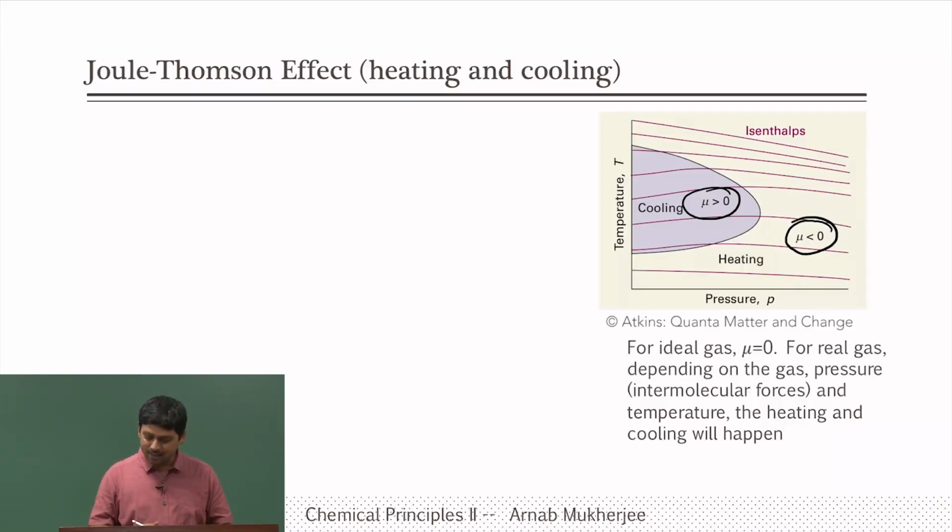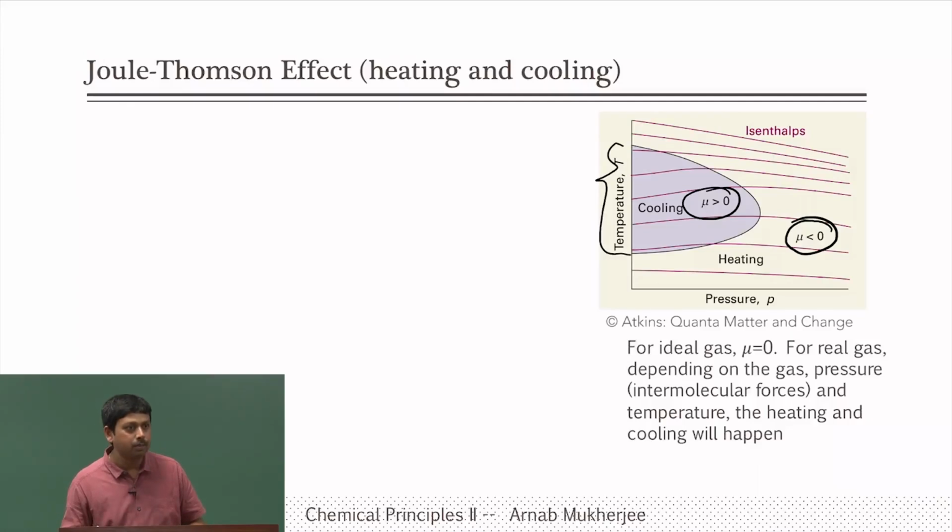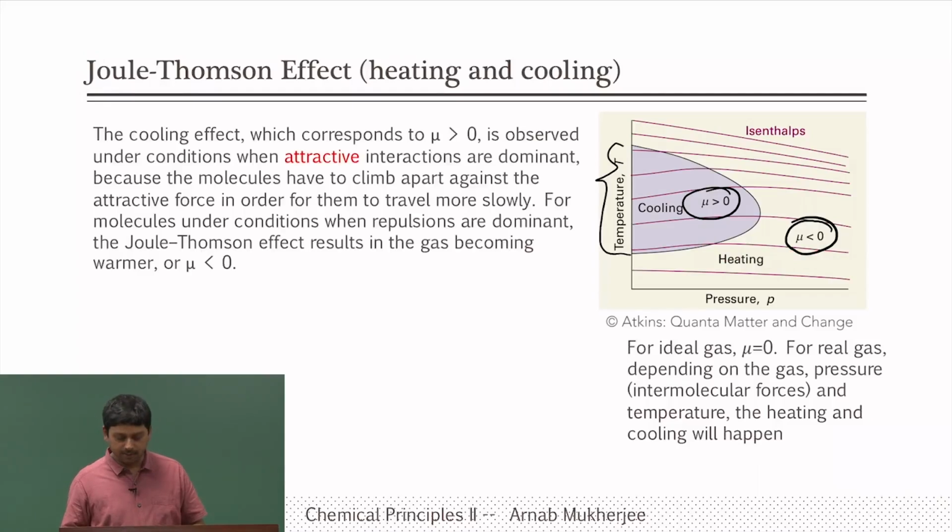So in a real gas situation, you are going to get a cooling effect. Typically it is used for cooling, but that cooling is limited to a given range of temperature and a given range of pressure. If you are in this particular shaded region, then there will be a cooling effect. However, if you are in this particular region, there will be a heating effect.